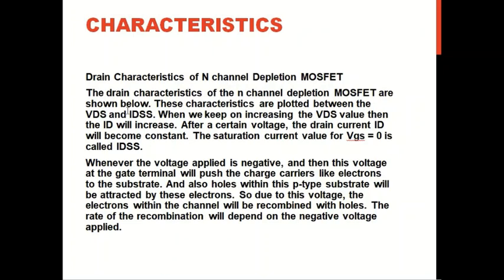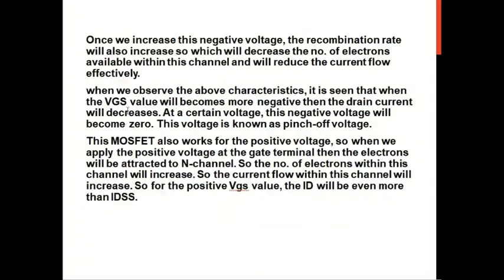Whenever a negative voltage is applied at the gate terminal, it pushes the charge carriers, electrons, toward the substrate, and the holes within the P-type substrate will be attracted by these electrons. So due to this voltage, the electrons within the channel will recombine with the holes, and the rate of recombination depends upon the negative voltage applied.